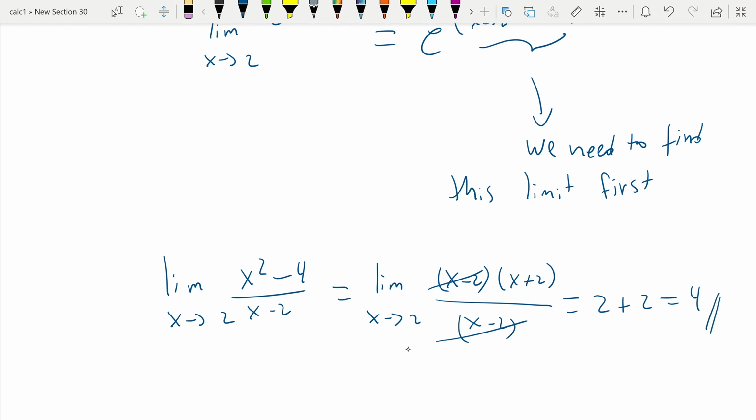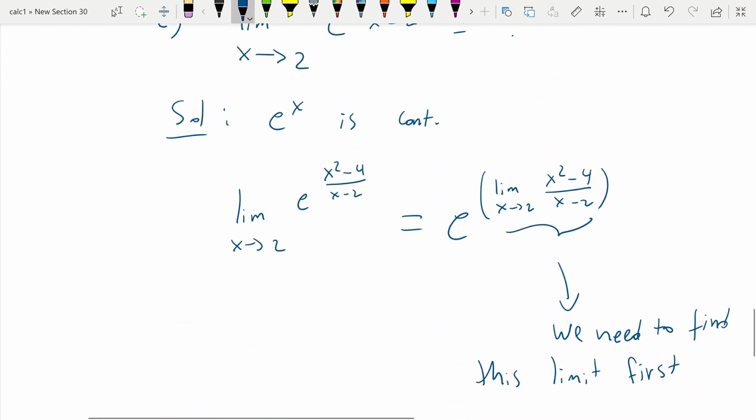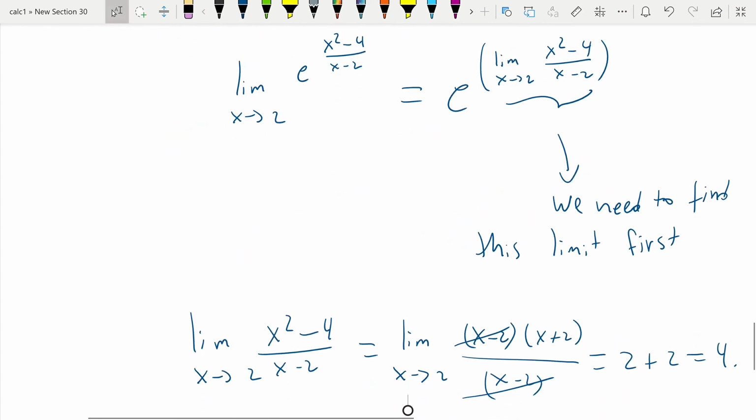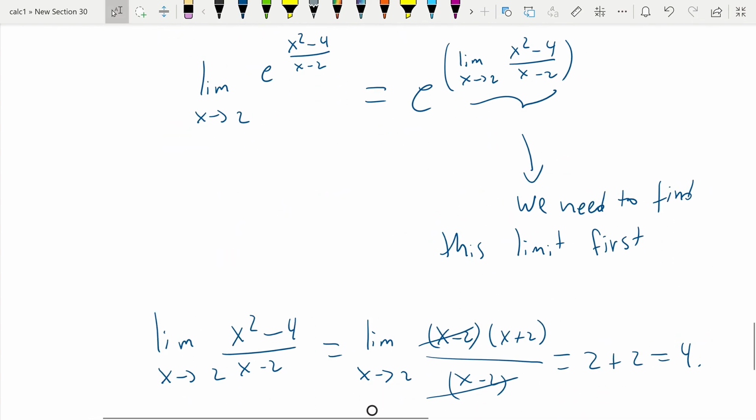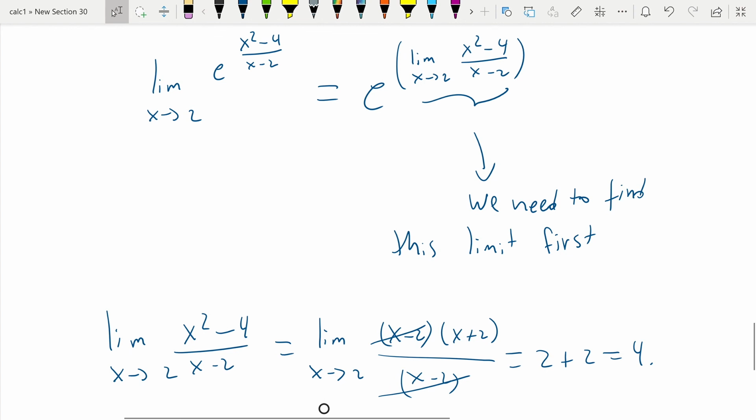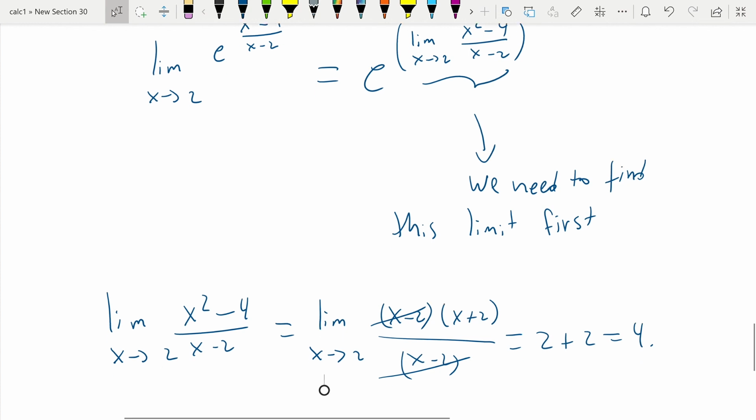Okay, so this is actually only a partial result because we're asked to compute the limit of e to x squared minus 4 over x minus 2. We saw that because e was continuous, that's the same as e to the limit of x squared minus 4 divided by x minus 2.